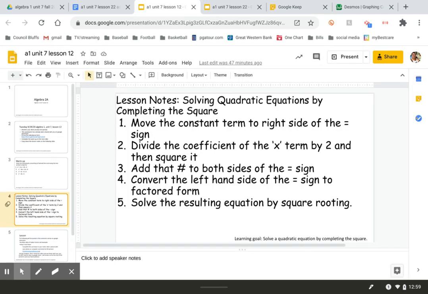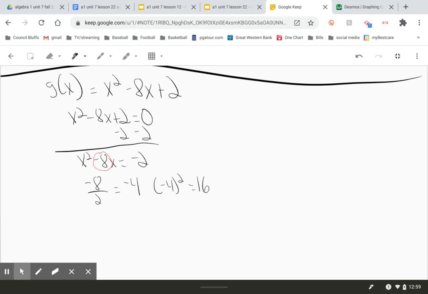Okay. Add that number to both sides of the equal sign. So that will be x squared minus 8x plus 16. On the right-hand side, that will be -2 plus 16. All right, so that's 14.